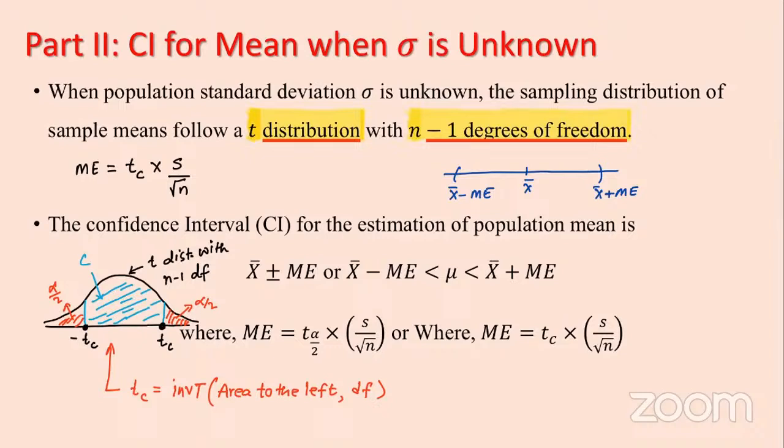And then after we use this value, we get the t critical. The sample standard deviation and sample size will be given. So that's how you will be able to find the margin of error. Then by subtracting the margin of error and adding the margin of error, you'll get the lower and upper boundary for the confidence interval.